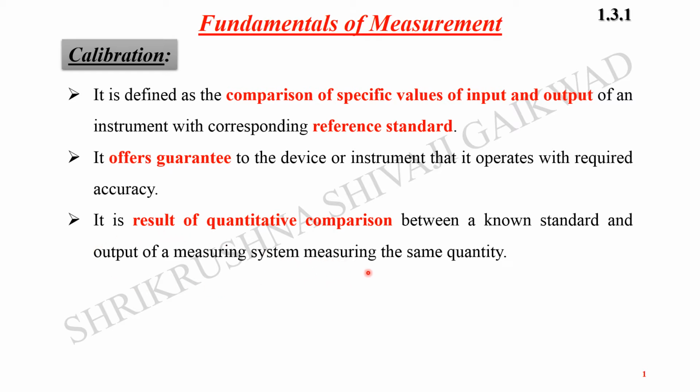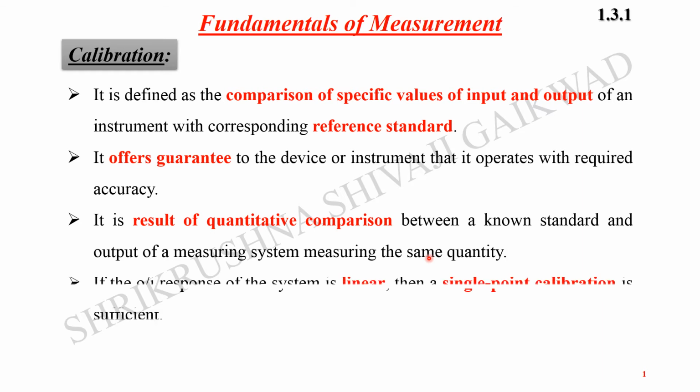It is a result of the quantitative comparison between the known standard and the output of the measuring system measuring the same quantity. Means it depends upon the output of the measuring system while doing the measurements of the same quantity.